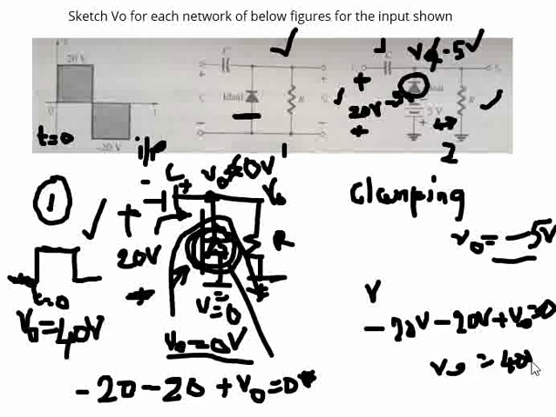But the diode stays on until minus 5 volts, so there will be a negation of 5 volts, and V naught will be 35 volts. So in this scenario, the output voltage will vary between minus 5 volts and 35 volts. That is how we have to analyze the circuit.